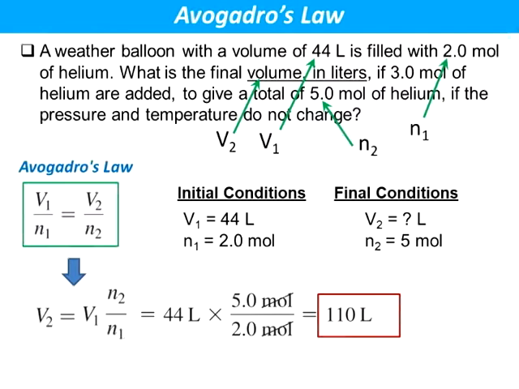Do not consider the intermediate values. Okay? So with that, we rearrange the equation to solve for V2, we put in all of our values, and we obtain 110 liters with 2 sig figs, which matches the initial 2 sig figs in our problem.